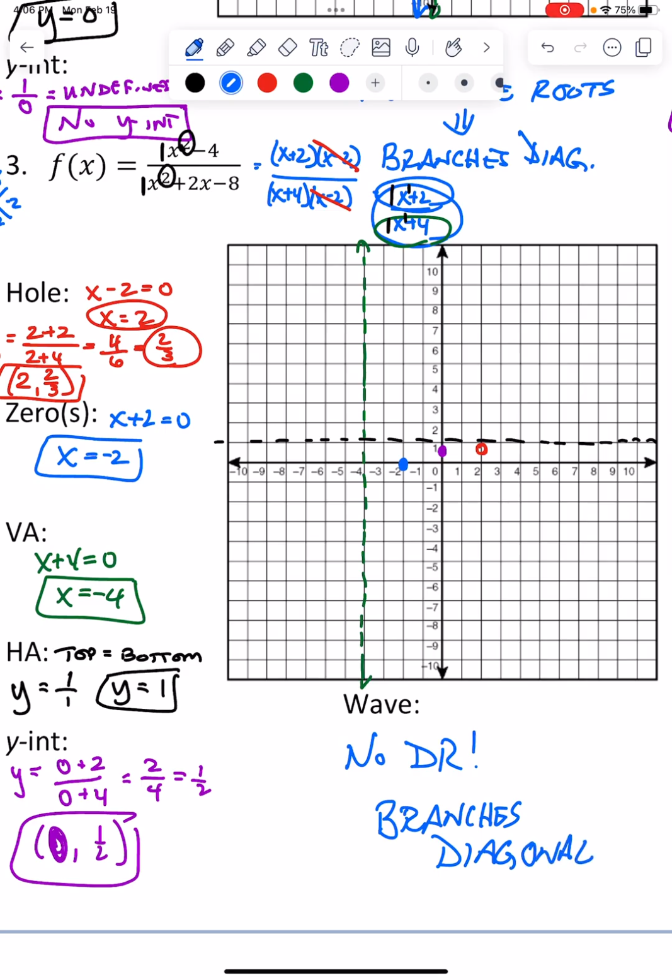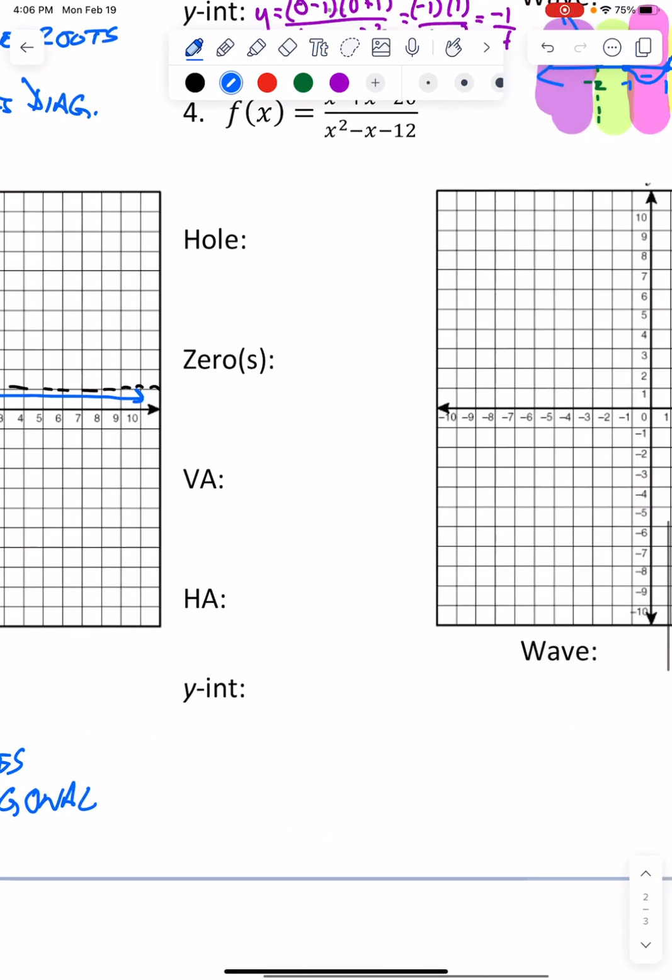Okay, so that means our first branch, we said we got points down here. So it's going to come through that 0, through the y-intercept, through the hole, and go that way, and then diagonal up here, just like that. Okay, so that's what we got.